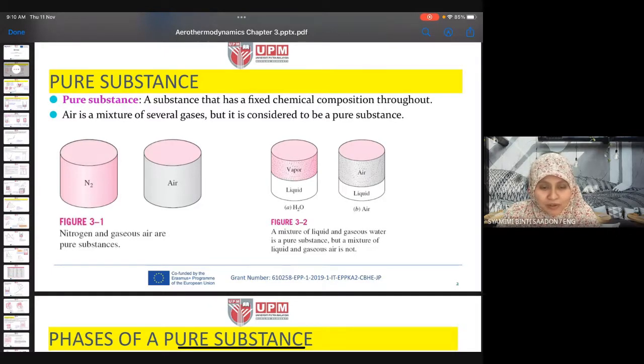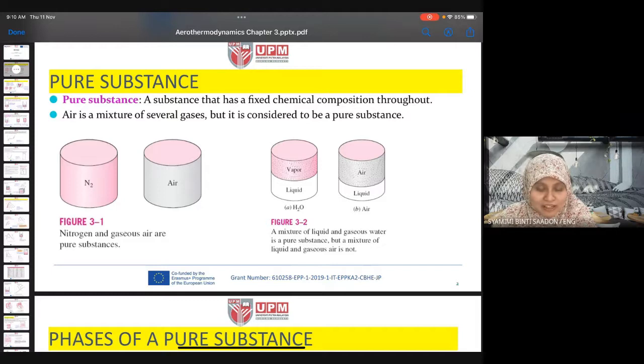Even though air, for example, is a mixture of hydrogen and oxygen, it still can be considered a pure substance because the composition of hydrogen and oxygen in the air molecule is fixed. So air can still be considered a pure substance.